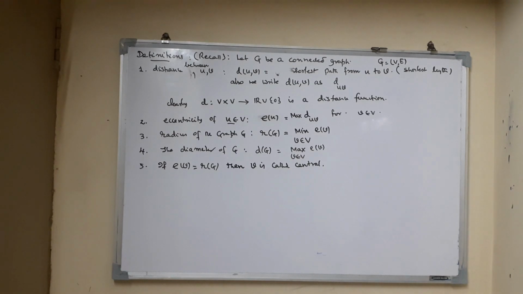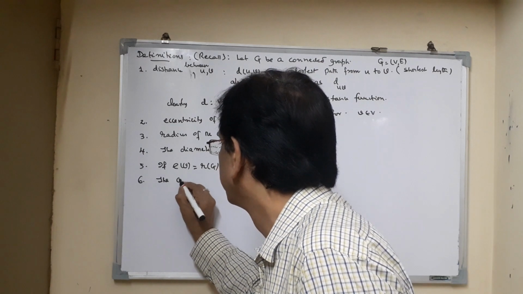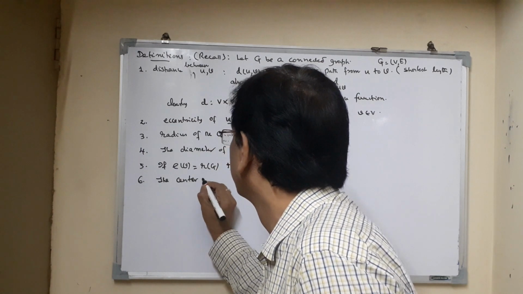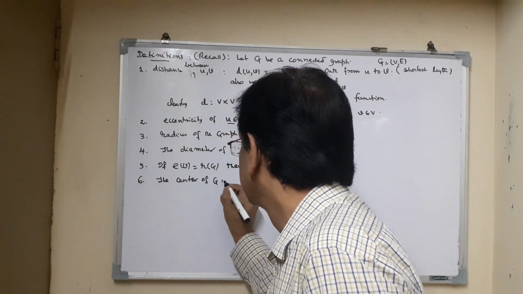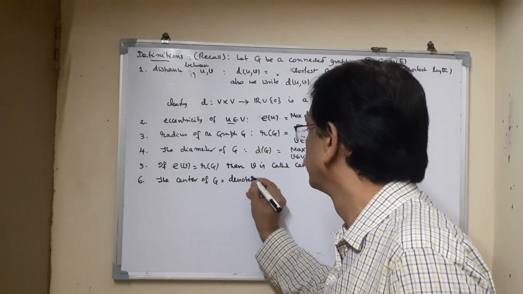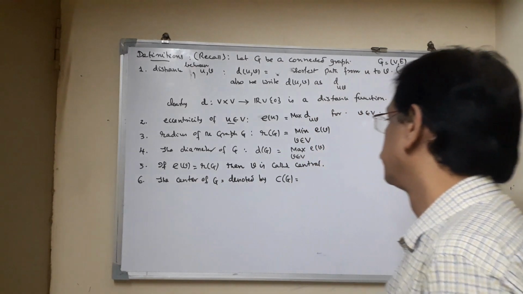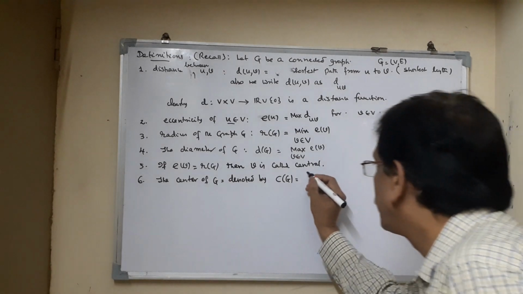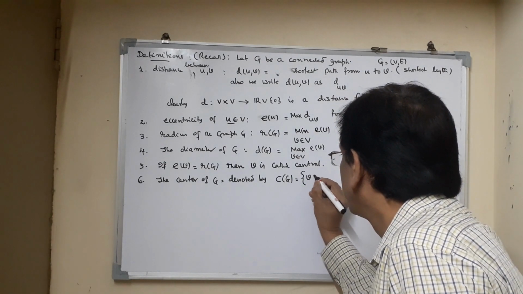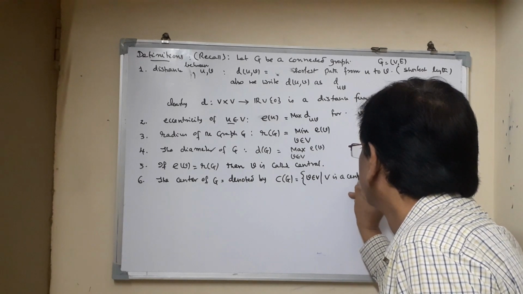And then the center of G, denoted by C(G), is the set of all V in V such that V is a central element.